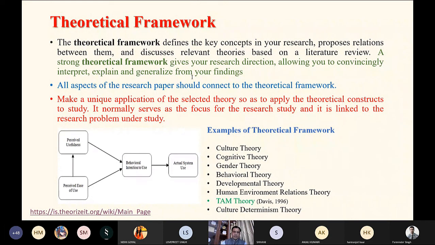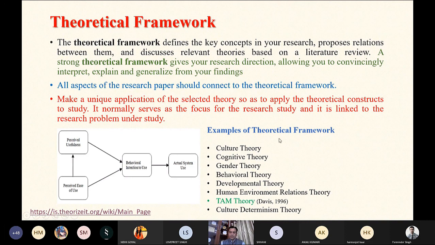From this website we can identify all the theories that have already been developed by different experts, irrespective of whether they belong to HR, finance, marketing, IT, computer sciences, etc. These theories have been developed by different persons, and from here we can easily identify which theory is more appropriate for the research that we are going to do.